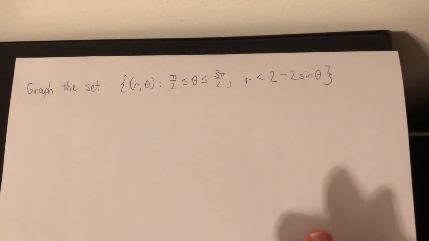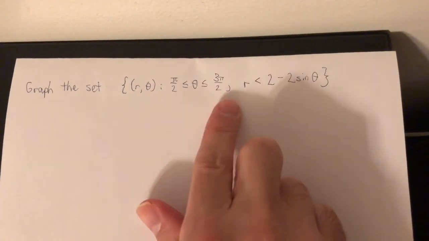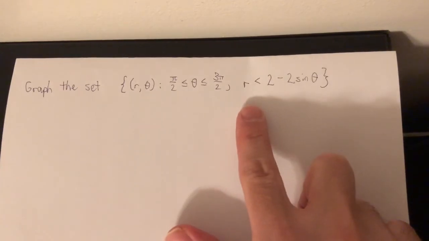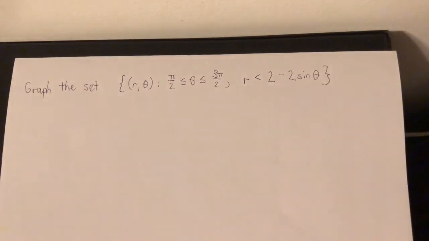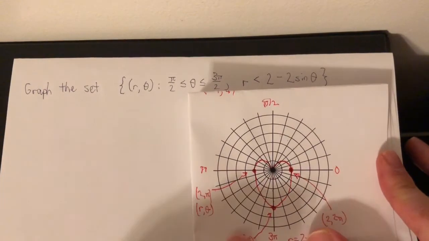So graph the set r comma theta, theta between pi over 2 and 3 pi over 2, and r is less than 2 minus 2 sine theta. Now 2 minus 2 sine theta, you might remember, is the cardioid we did earlier. So 2 minus 2 sine theta is the cardioid that we looked at here.